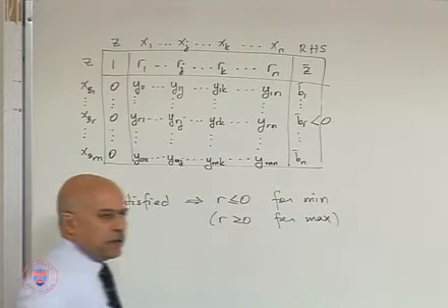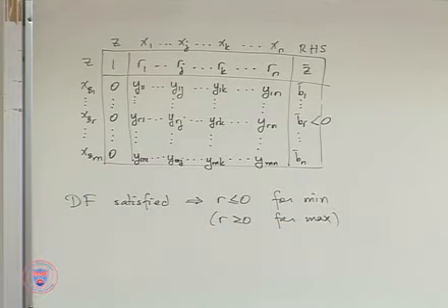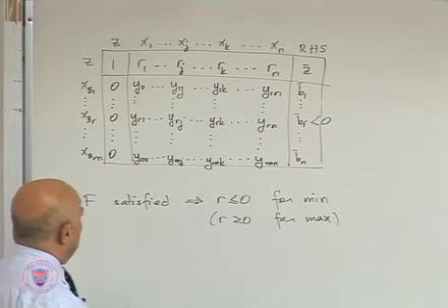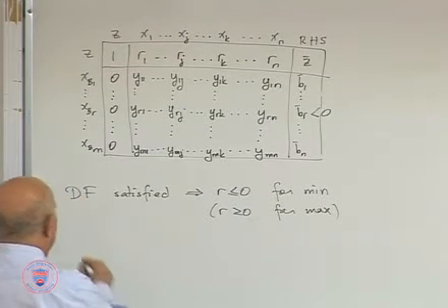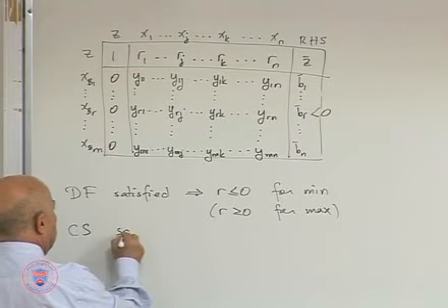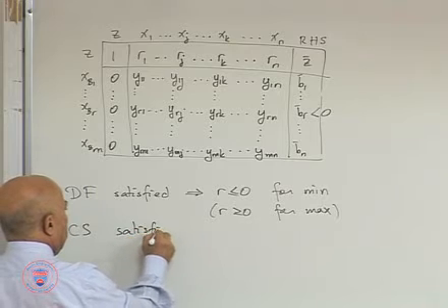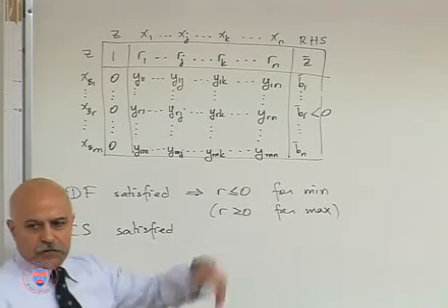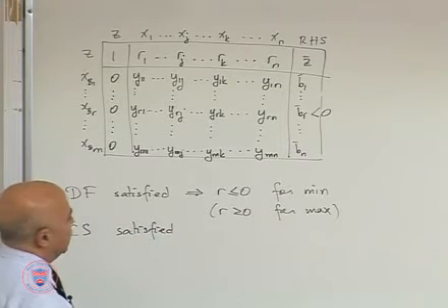Let's just assume that the problem on hand is a minimization problem. And complementary slackness is also satisfied, which is the same thing as I have shown before, as in the primal simplex.